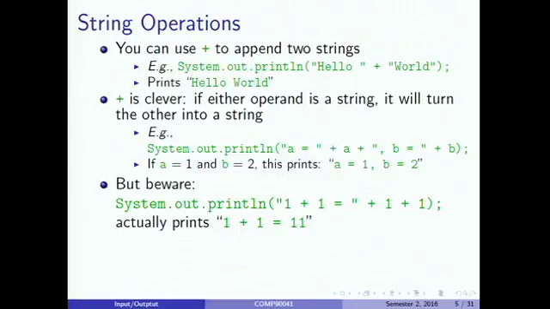I think there's a fair argument that maybe it's too smart for its own good. If you have two integers and you do plus, you add the two integers together. If you have two strings and you do plus, it concatenates the two strings together. If you have a string and an integer, then it will turn that integer into a string and concatenate that with the string. So it's kind of handy.